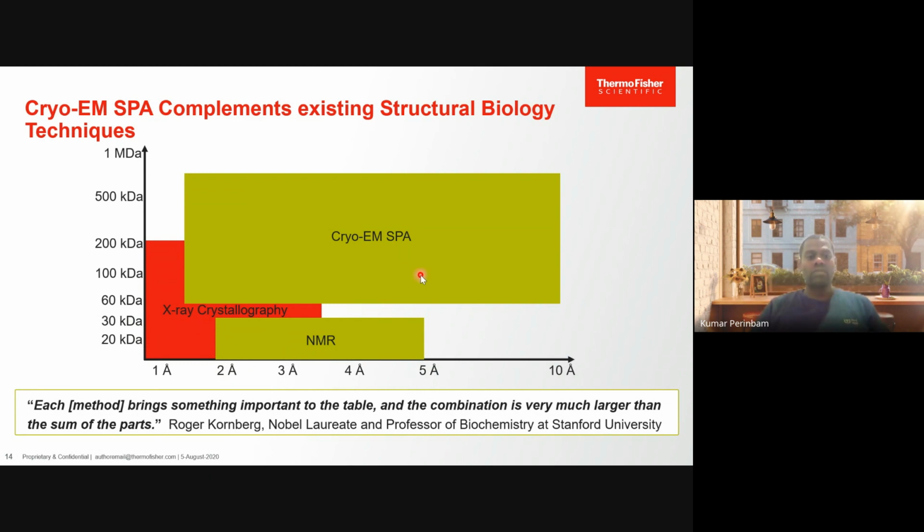But cryo-EM has gone down to 40 kilodalton, and the size of the protein can go up to almost 10 megadalton. You can solve protein or biomolecule structures, and the resolution has come down to about 1.2 angstrom. It's pretty close to X-ray crystallography resolution. Those are the recent developments happening.